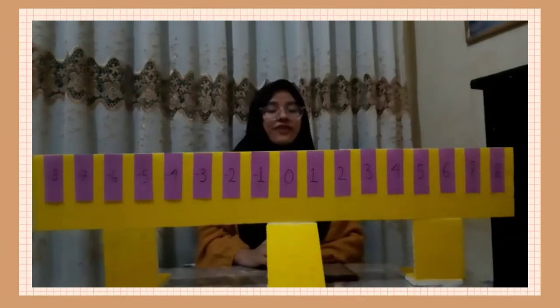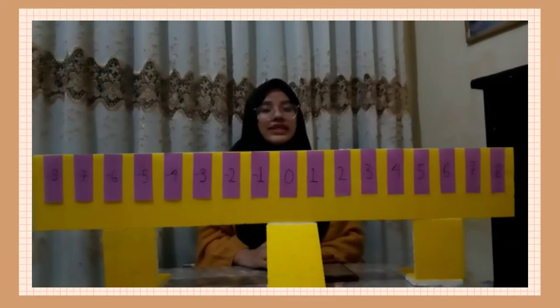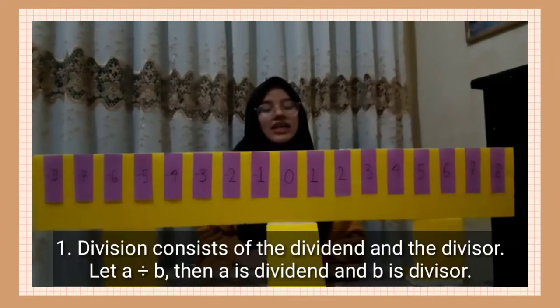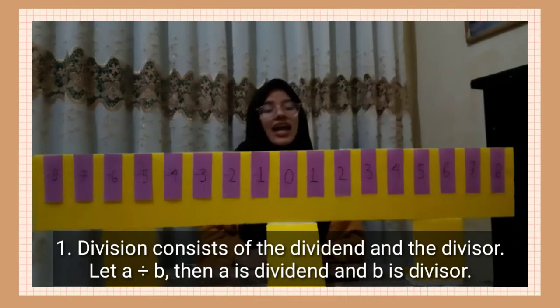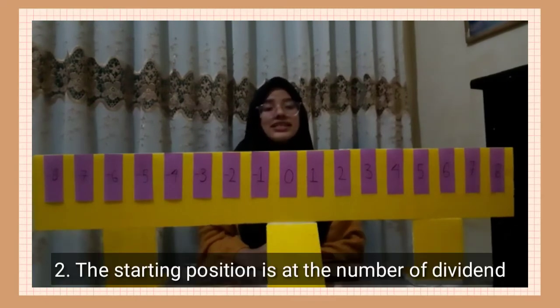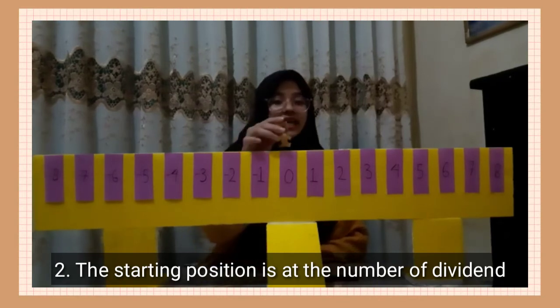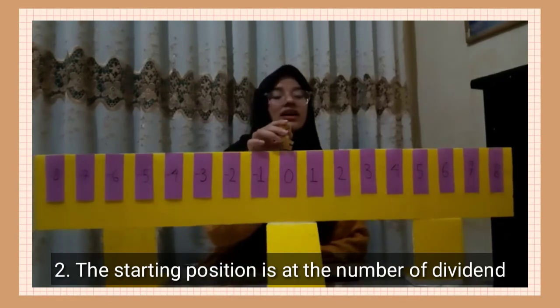Now we have the rules of this Molat media for division. First, divisions consist of the dividend and the divisor. For example, A divided by B. Then A is the dividend and B is the divisor. The second, the starting position of the object is at the number of the dividend.